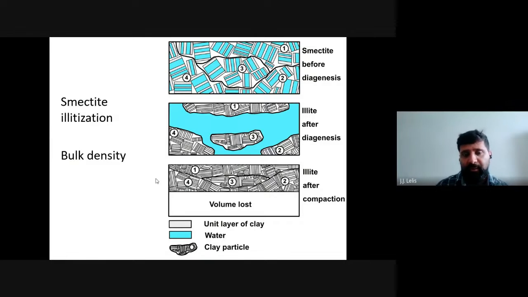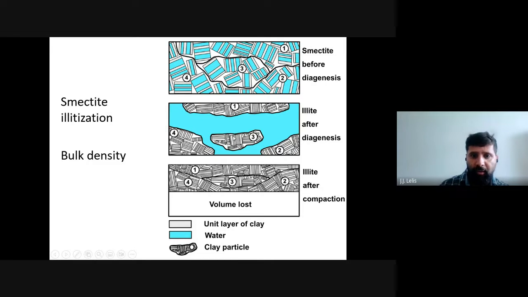And the burial process also induces some processes that are the loss of water. So we can see in this case the formation of modern soils that are rich in smectite, and smectite has a lot of water in the unit cells. And when this material is buried, we reduce the content of water.